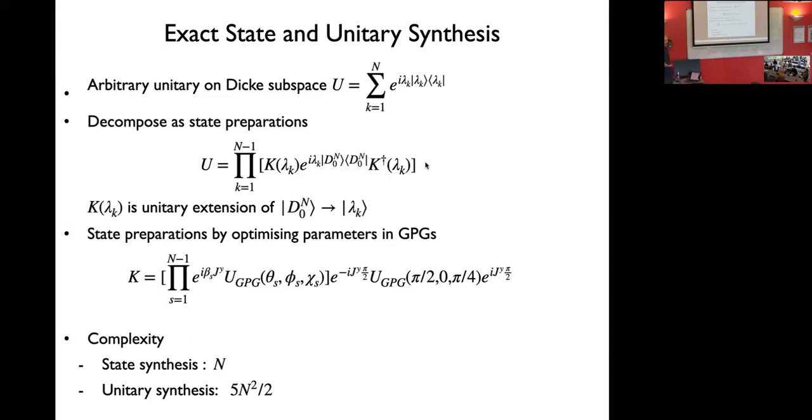So that reduces the problem to determining how we can do state mappings from this zero Hamming weight state, which is really just a product state of all the spins in zero, to an arbitrary Dicke state. And that mapping, it turns out, has an exact decomposition in terms of n-1 geometric phase gates.